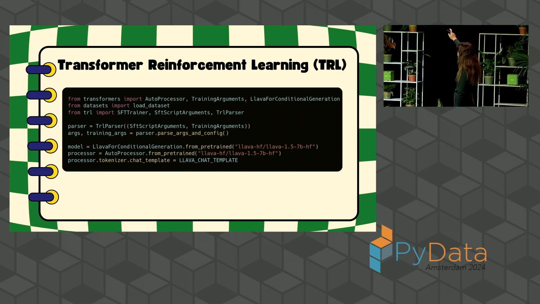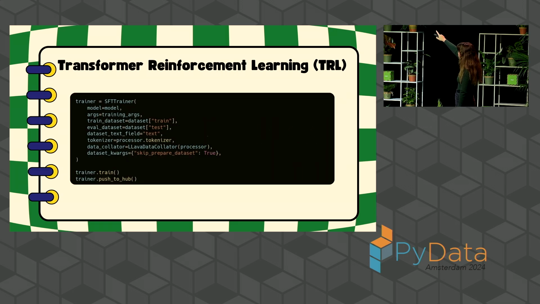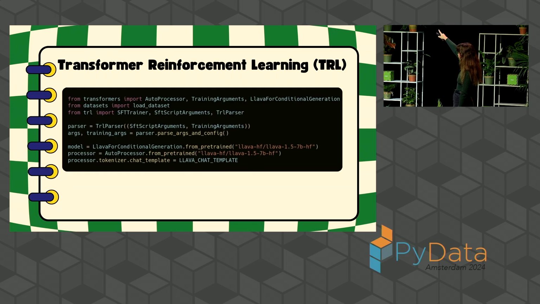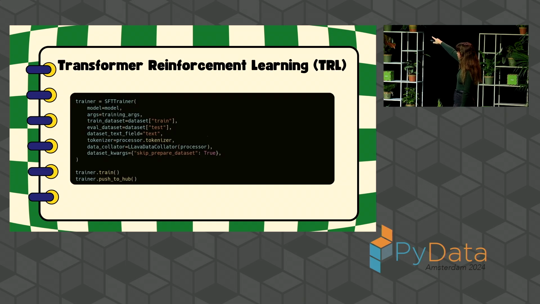You initialize your classes, and you just initialize SFT trainer or DPO trainer with the model that you have initialized here, and the training arguments that you have initialized above, and call trainer.train and trainer.push_to_hub if you would like to push it to Hugging Face Hub. But this is a very simplistic API to apply cutting-edge alignment techniques that are used to get state-of-the-art results with the LLMs and VLMs.